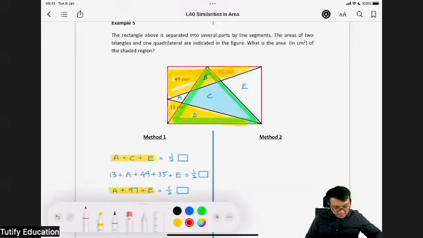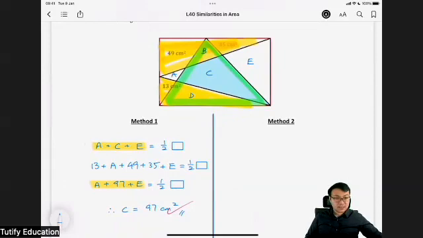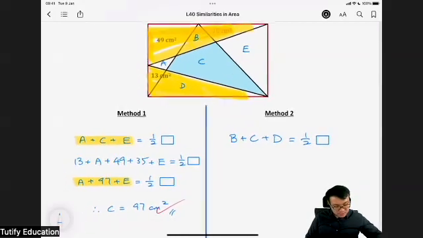Can you all compare it? Okay, let me ask Kate. So Kate, we are using triangle B, C, D right now. Okay? And we say that this is half of the rectangle. Yes. So now we already did that. Let's use the other yellow shaded part.